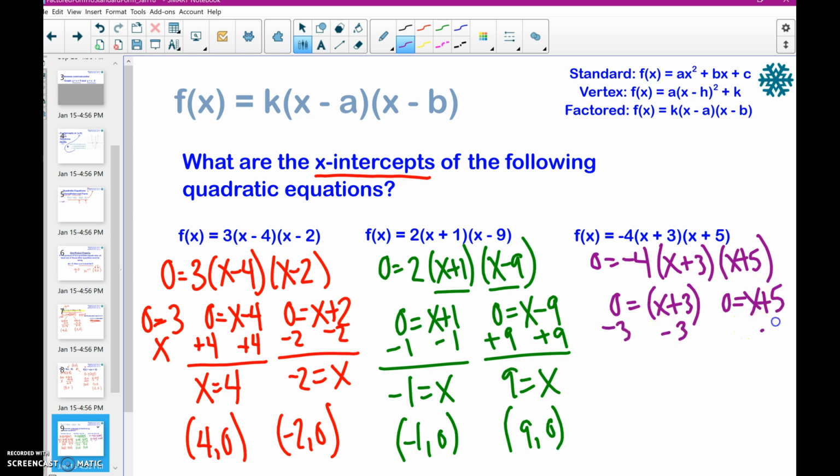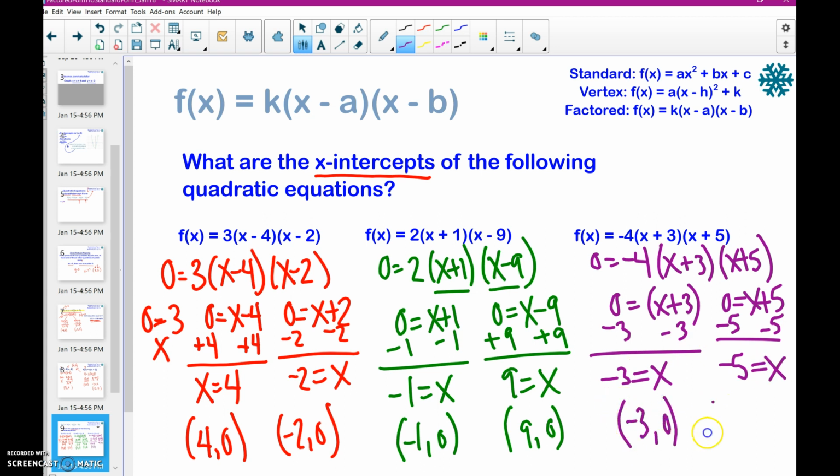Subtract 3 on both sides, and on this one subtract 5 on both sides. Here I find that x is equal to negative 3, and on the other one I find x is equal to negative 5. So my 2 x-intercepts are negative 3 comma 0 and negative 5 comma 0. And if you don't believe yourself that those really are the x-intercepts, go on Desmos and graph that, and you'll find that those really are the x-intercepts.